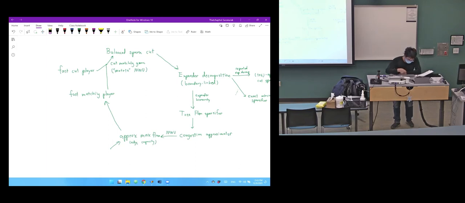But good with sparsity, with edge related notion of sparsity. Okay.